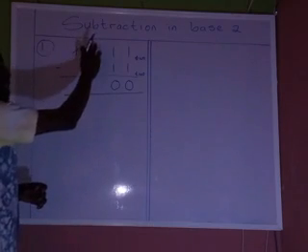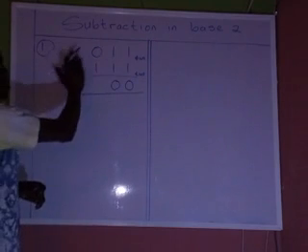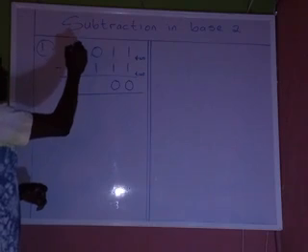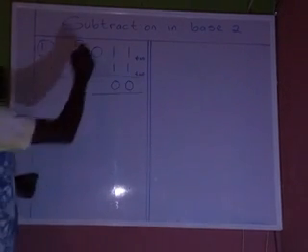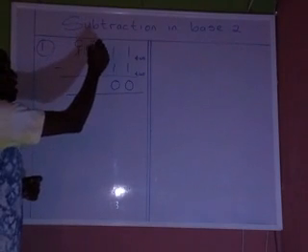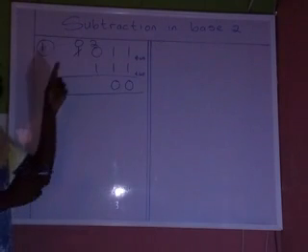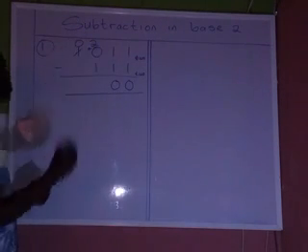But because we are in base 2, it won't give us 10. So when I borrow from this, it is left with 0. But because I'm in base 2, the number I'm bringing here will be 2. Not 20, not 10, 2. So I'm going to add this 2 plus 0.